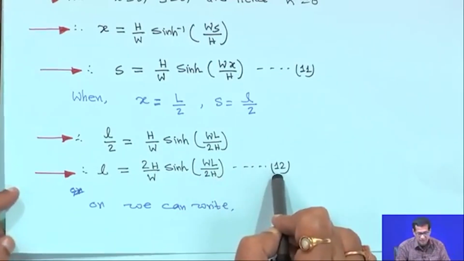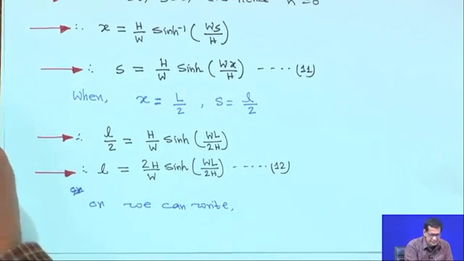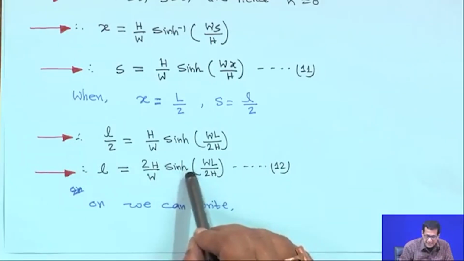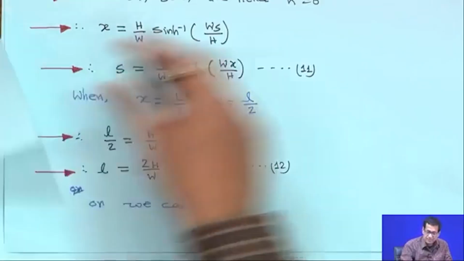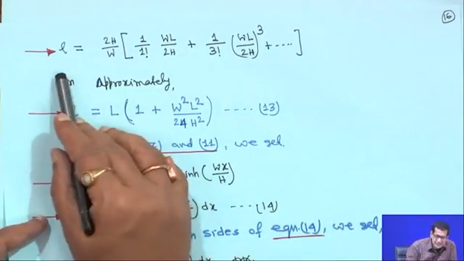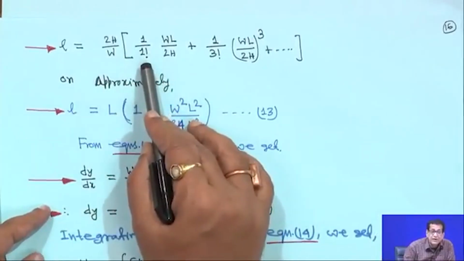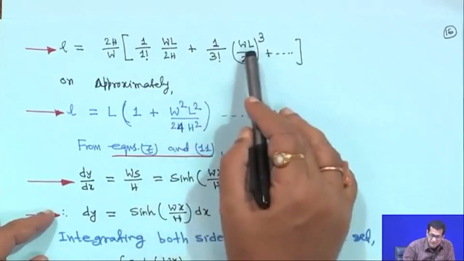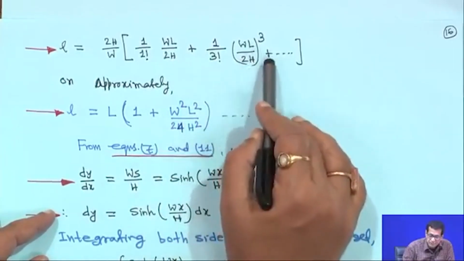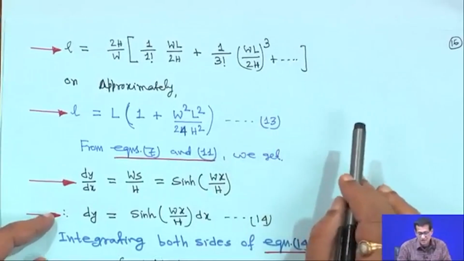This is equation 12. Now, what you can do is, you expand this sin hyperbolic w l by 2h in series. If you expand it, it will become l is equal to 2h by w [1 upon 1 factorial (w l upon 2h) plus 1 upon 3 factorial (w l upon 2h) whole cube plus the higher order terms].